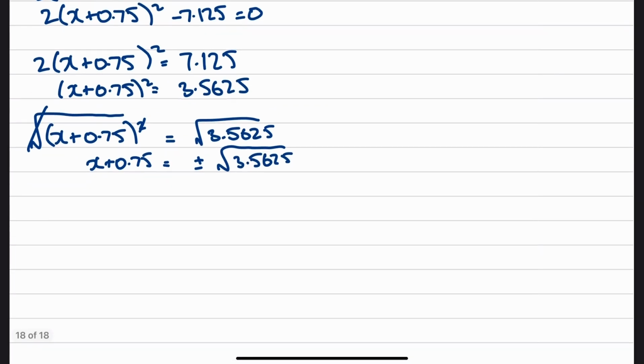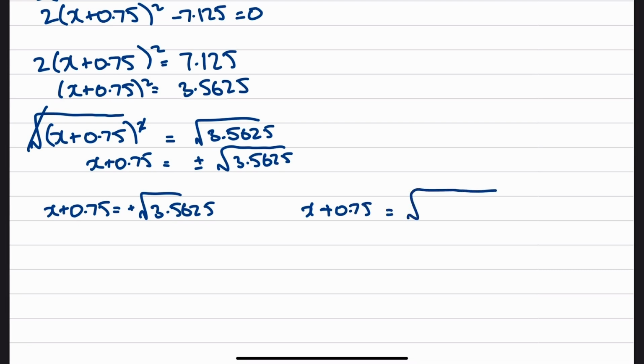And now that we have two answers on the right side, we can equate one to the left side to each of these. So x plus 0.75 equals under root 3.5625, the positive one, and x plus 0.75 equals negative under root 3.5625.